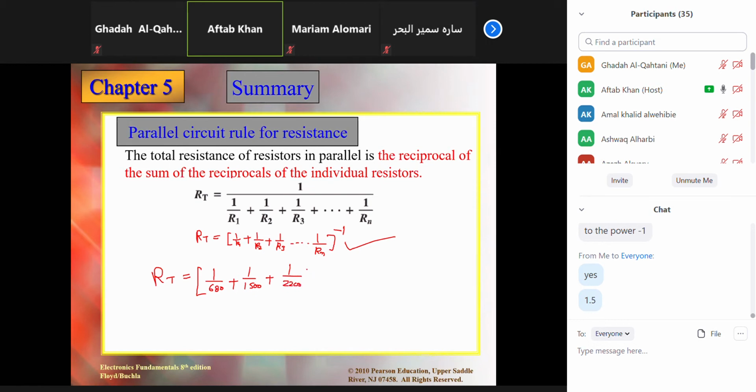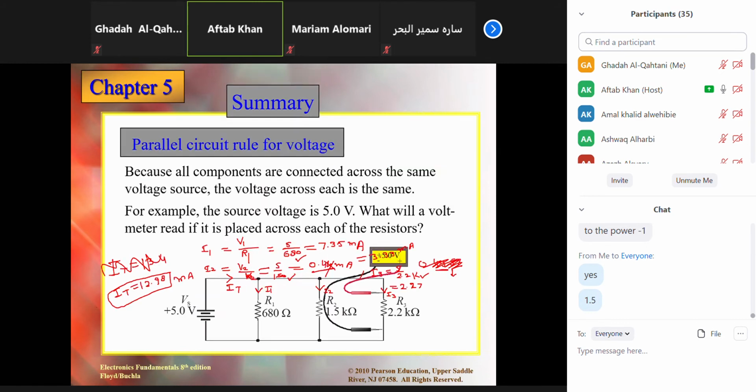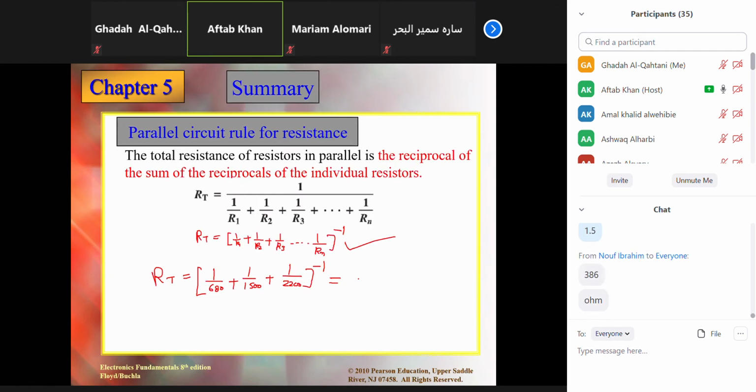Now this is inverse. Get the total values. 680, 1500, 2200, are these values correct? All right, 386. Very good. 386 ohm. So now I got the total resistance.